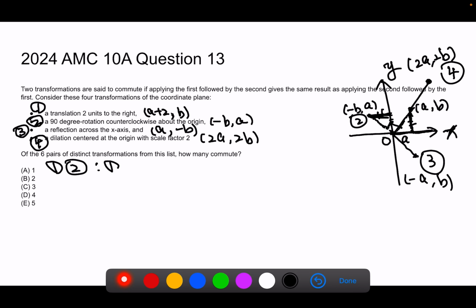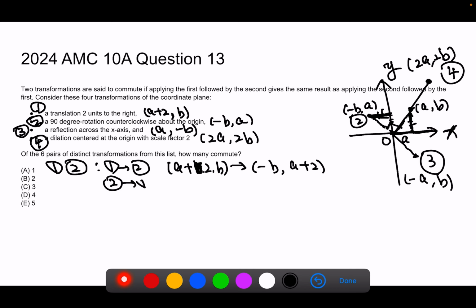Okay, first one is 1, then 2. You will start from A, B. After you do 1, you get A plus 2, B. But then you do 2. 2 will basically change it into minus B, A plus 2. So that's 1, 2. Then let's check 2, 1.